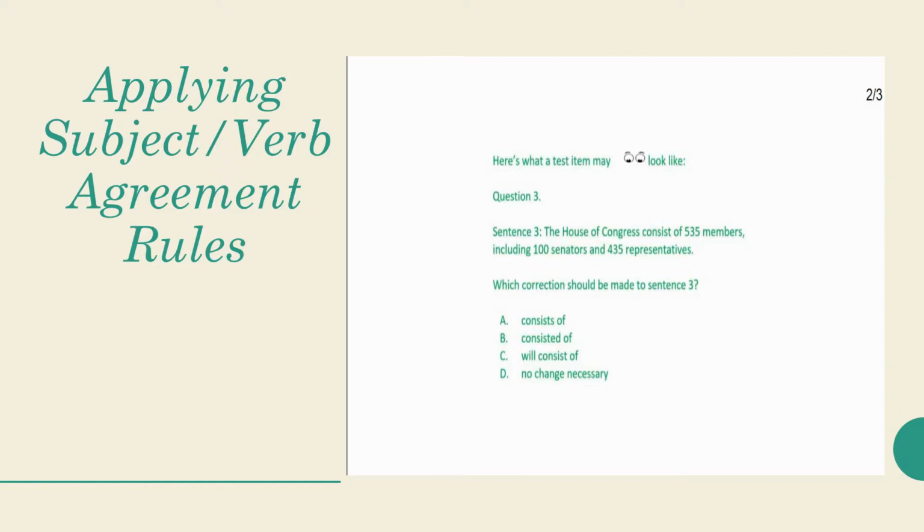The first question you must ask yourself is, what is the sentence talking about, in order to identify your subject? In this case, your sentence is talking about the House. So House is your subject. Of Congress tells you what type of house, okay?